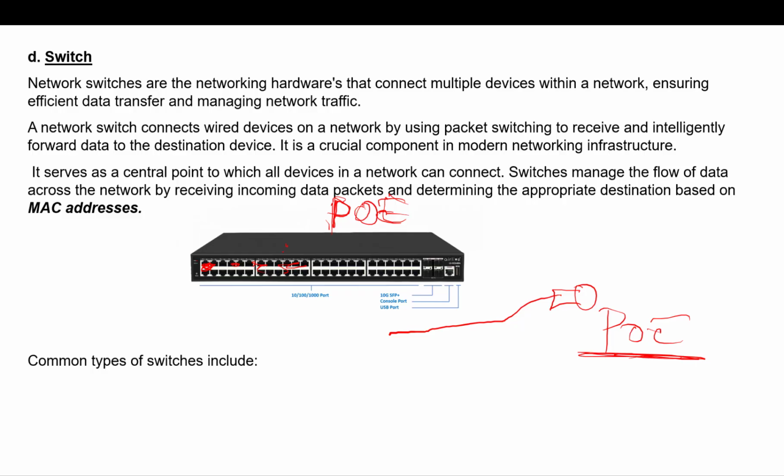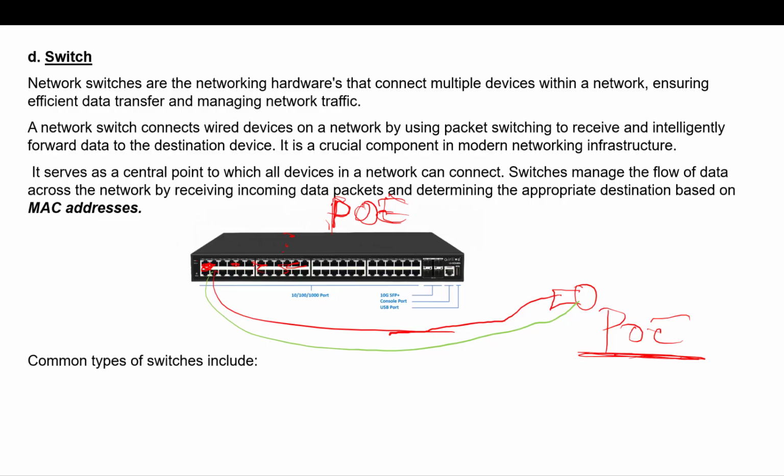For example, the USB-C charging cable: you use that same cable to charge your phone, and you also use it to send something from your phone to the laptop. Similarly, this port sends current and sends data at the same time.